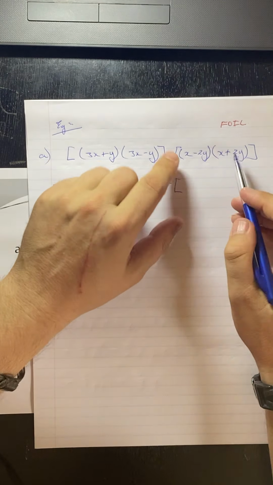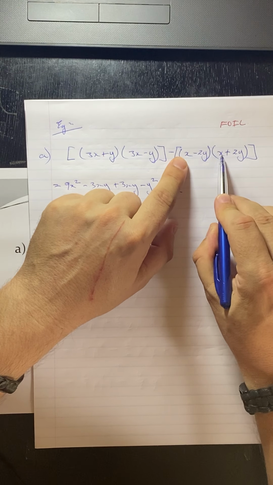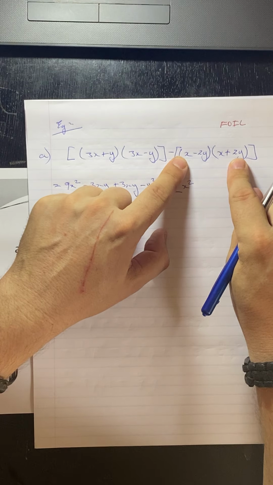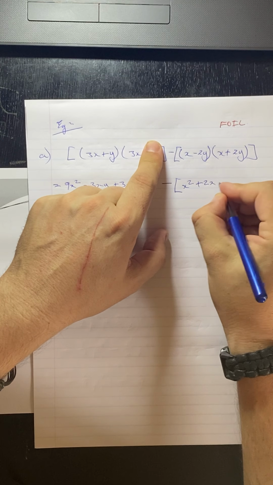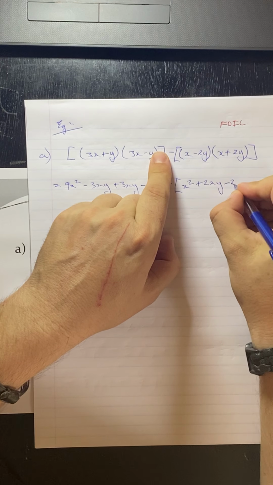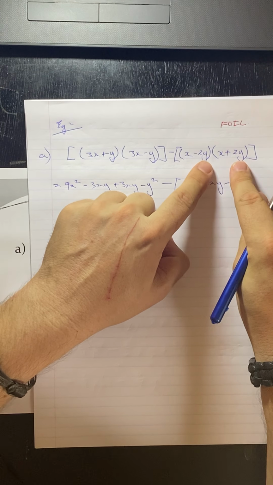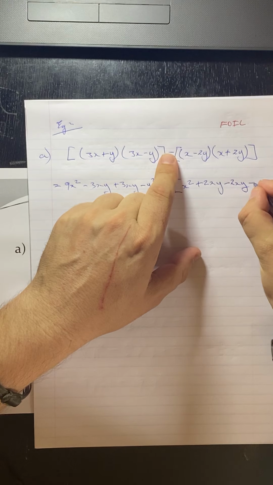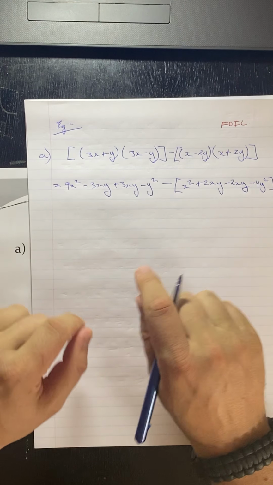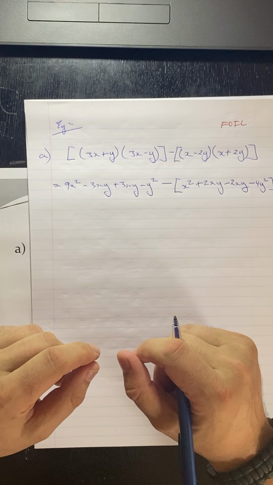Okay, so let's FOIL this one. So first, x times x gives us x squared, outers plus 2xy, inners minus 2xy, and then the last will give us minus 4y squared. Okay, before I do anything, I just want to simplify and get like terms together.